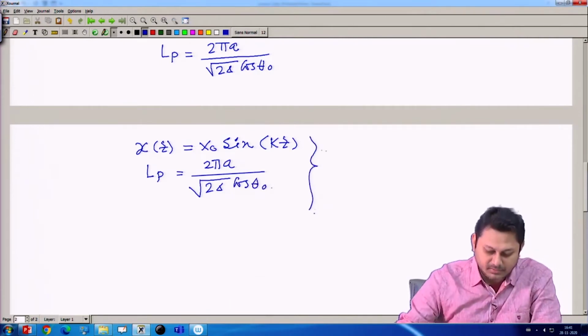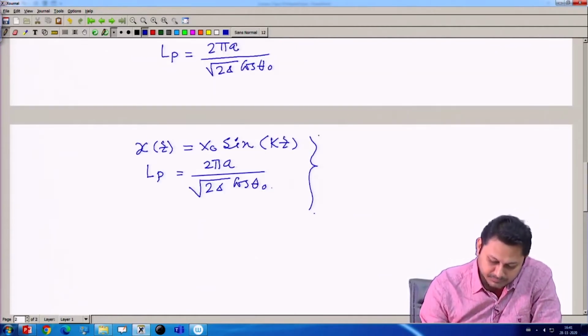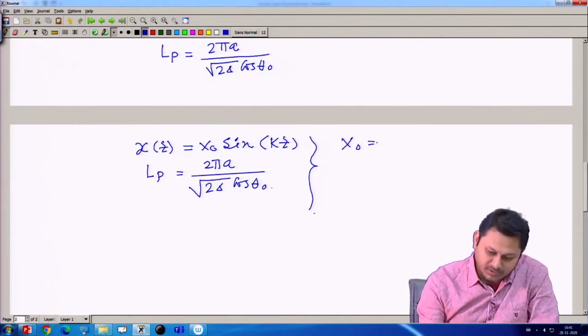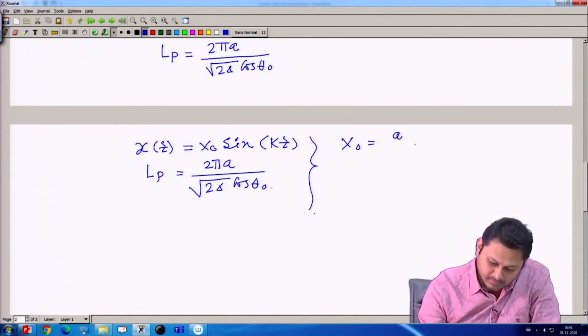From this information we can know x 0, by the way, x 0 was the amplitude, and the amplitude was a divided by root of 2 delta and then sine of theta 0.